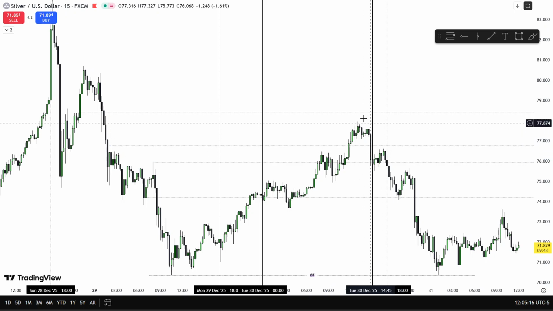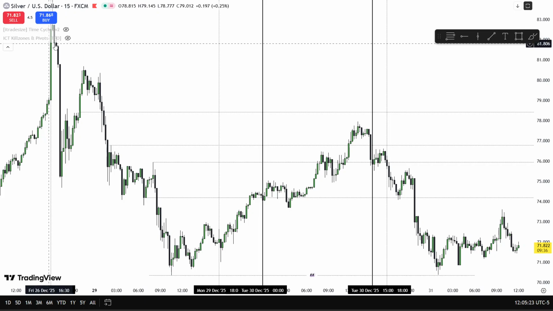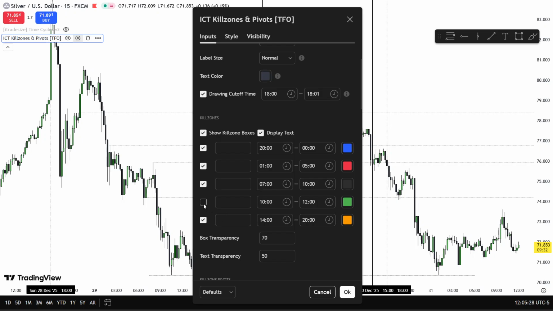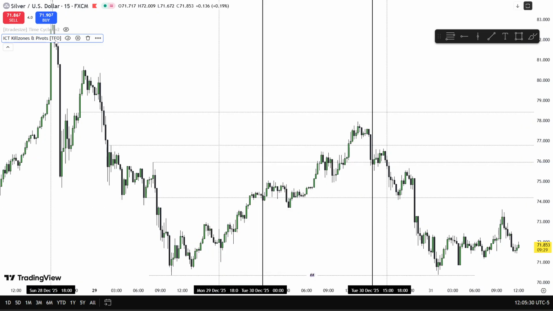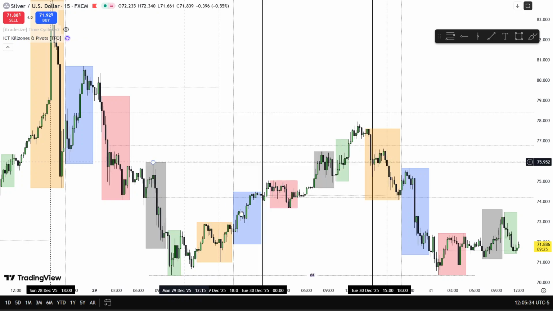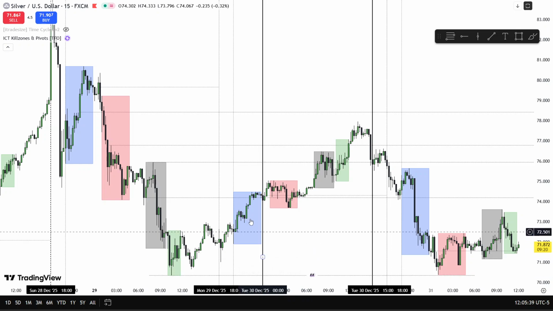You can say this is New York lunch, both are same, London close, right? You can see the Asian range is not a quite tight range, so that's why we already expect the delayed protection daily profile.